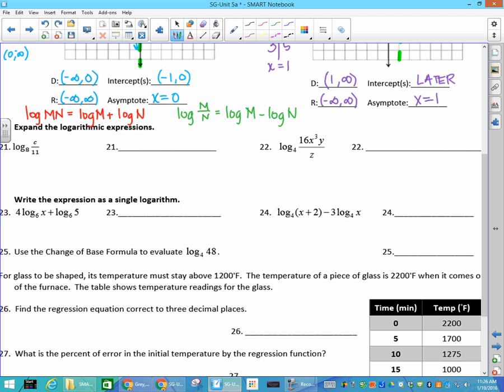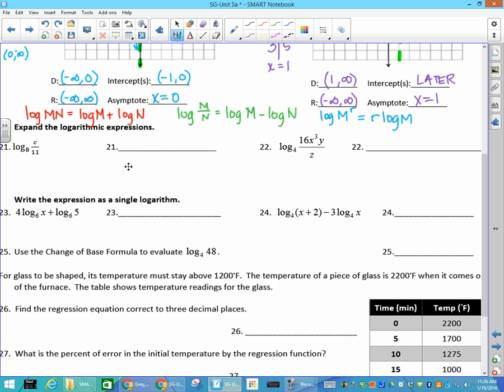And last but not least, the log of m to the r is equal to r times the log of m. What matters is that if you have an exponent, it gets moved down front.